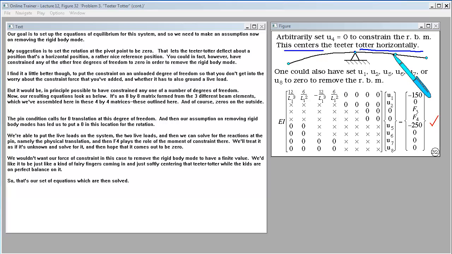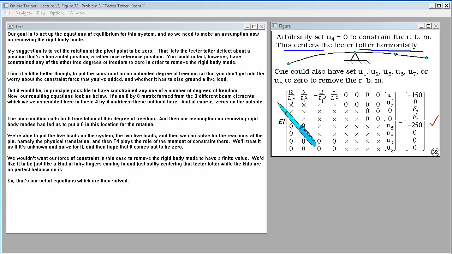You could, in fact, however, have constrained any of the other free degrees of freedom to 0 in order to remove the rigid body mode. I find it a little better, though, to put the constraint on an unloaded degree of freedom so that you don't get into the worry about the constraint force that you've added and whether it has to also ground a live load. But it would be, in principle, possible to have constrained any one of a number of degrees of freedom. Now, our resulting equations look as below.